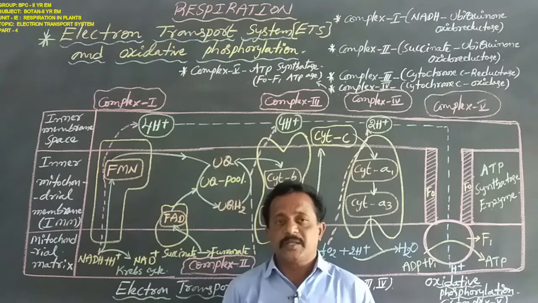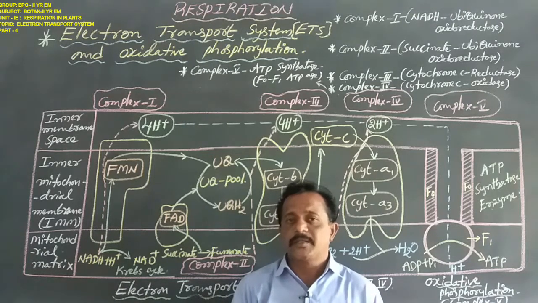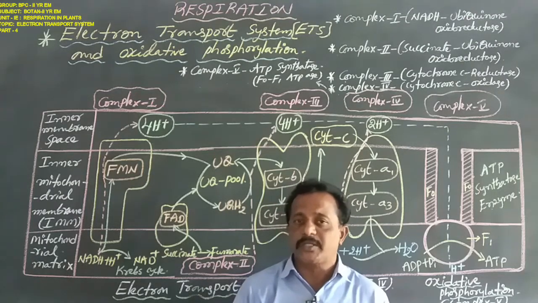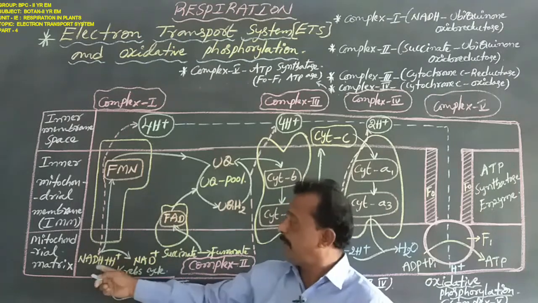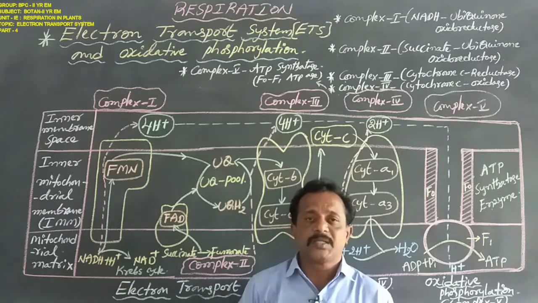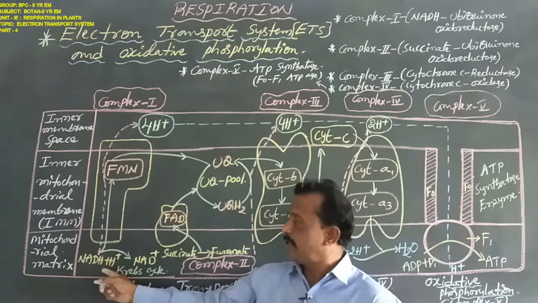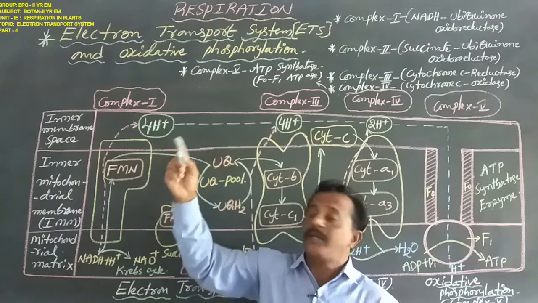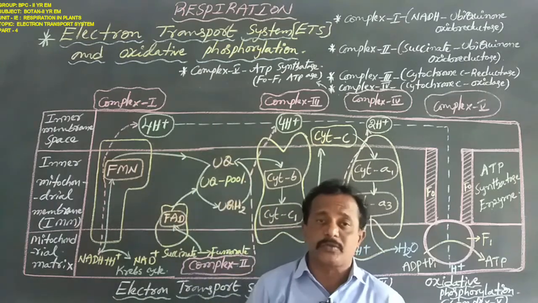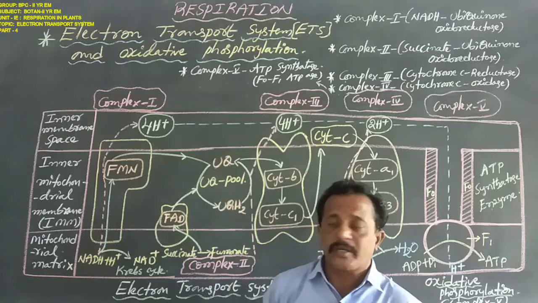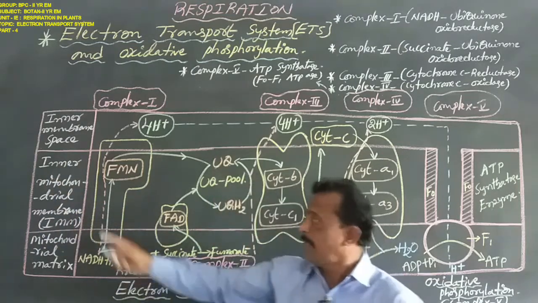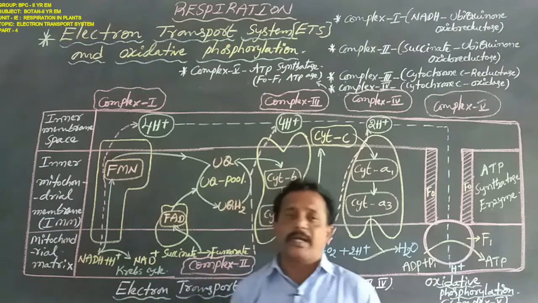First step, glycolysis, takes place in the cytoplasm or cytosol of the cell. Second step, pyruvate oxidative decarboxylation, takes place in the mitochondrial matrix. Third step, the Krebs cycle, takes place in the mitochondrial matrix. And the last, fourth step, the electron transport system and oxidative phosphorylation, takes place in the inner mitochondrial membrane, that is IMM.